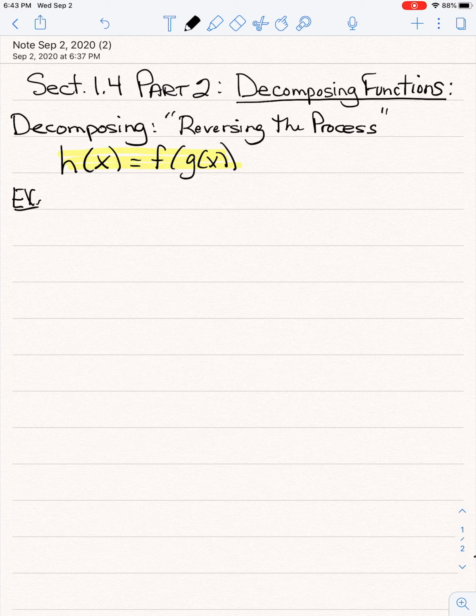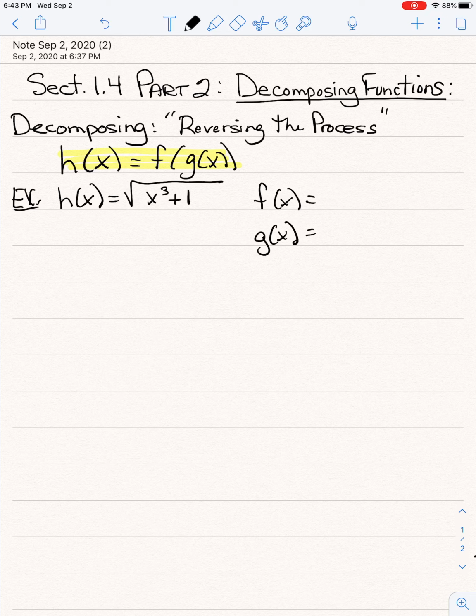Okay, so let's suppose that we have an h of x and it equals the square root of x to the third plus 1. Okay, so we want to see if we can break that down into an f of x and a g of x, such that f of g of x gives us that function.